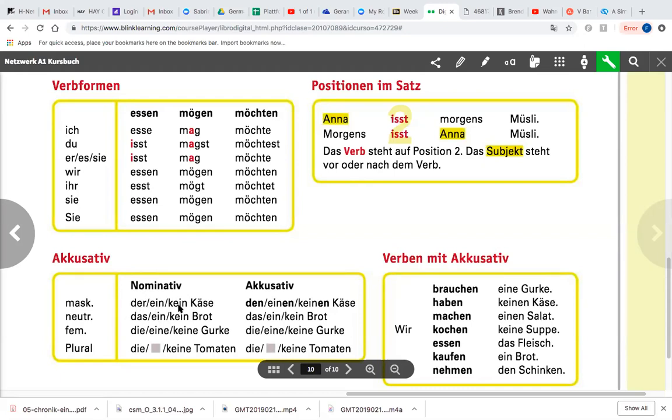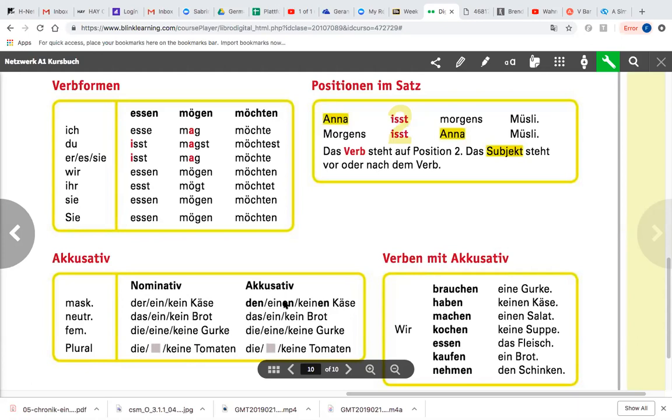Der, ein, kein, das, ein, kein, die, eine, keine, die. There is no plural for the indefinite article, so you would just say Tomaten. It's either die Tomaten, or if it's not particular tomatoes, just tomatoes, then you say Tomaten. Or keine Tomaten, no tomatoes.